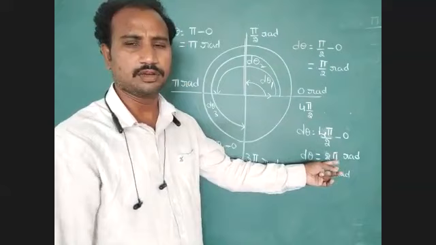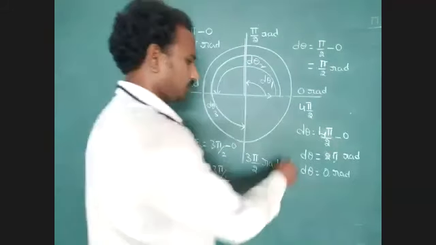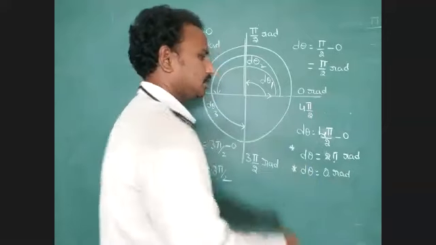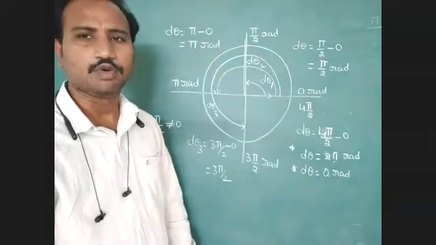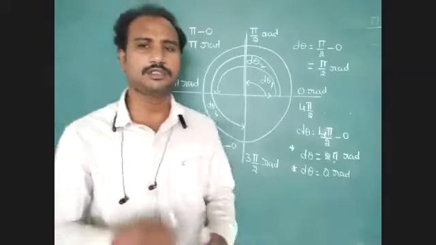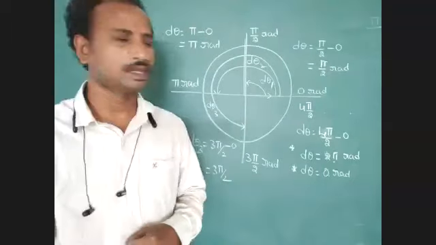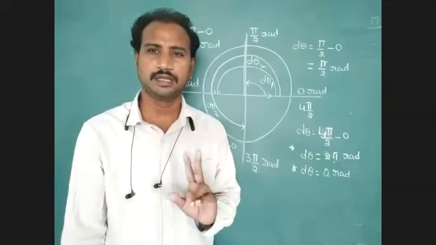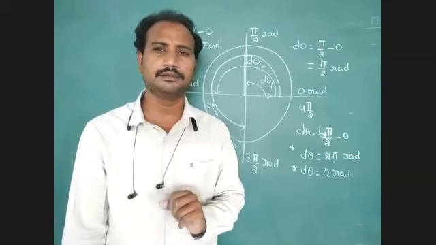Sin 360 degree value? Also 0. You have to note this down: 0 degree and 360 degree are the same, and you get the same values in trigonometric functions. Here theta represents angular displacement. It is not angle, it is angular displacement.